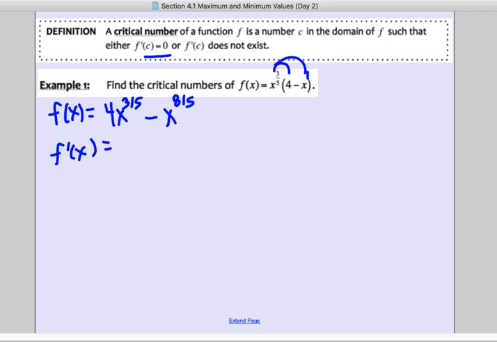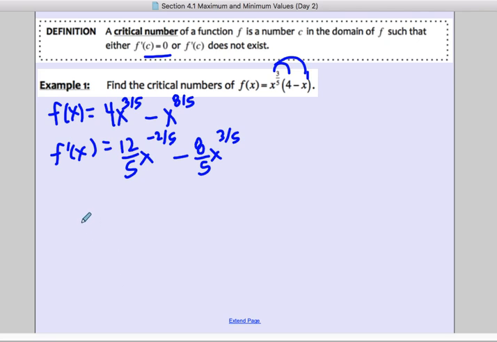So I will bring down the 3/5. 4 times 3/5 gives us 12/5 x to the 3/5 minus 1, which is negative 2/5. And then we take the derivative of the next term, so minus 8/5 x to the 3/5. Okay, so there's our derivative.